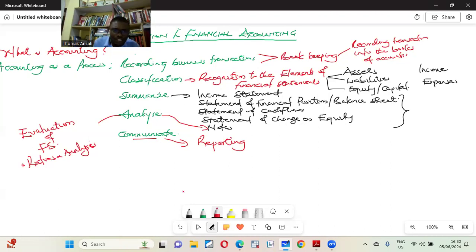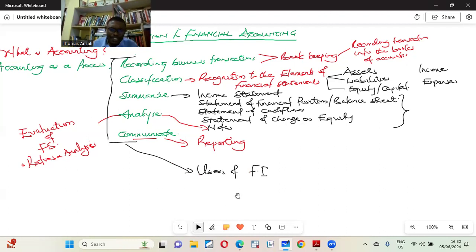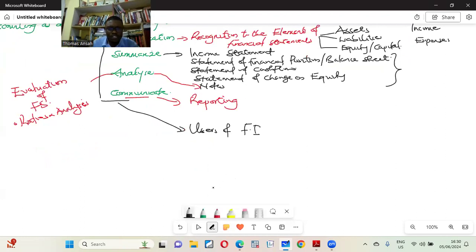All these 5 things that we have discussed here, we are communicating at the end of the day to the users of financial information. Who are the users? Like I said, we have the shareholders, we have the management, we have the employees.